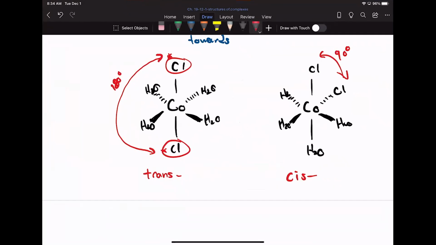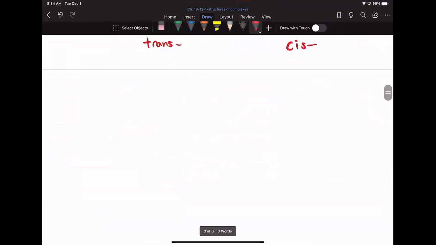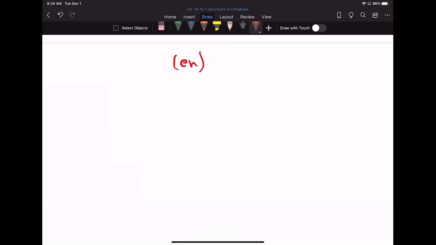So let's make it with a more complex ligand here. We talked about this ligand here, en, right? So let's make this complex here. We'll put cobalt in the middle. The basic structure for an octahedral is going to look like this. So we'll put Cl here, we'll put Cl here, and then we'll put en.